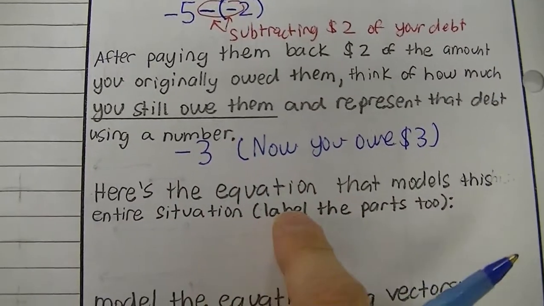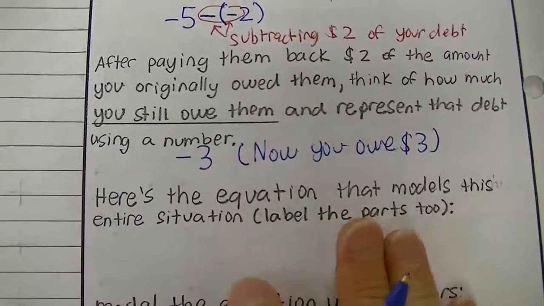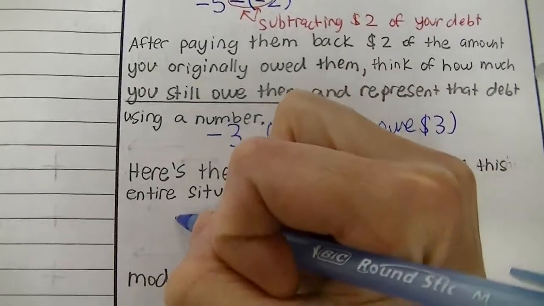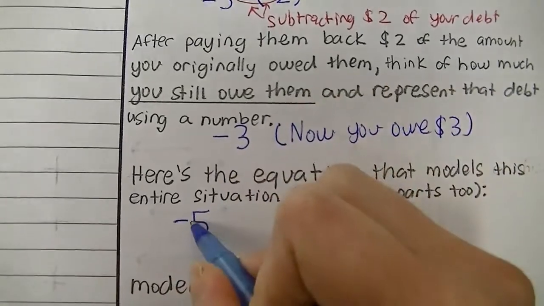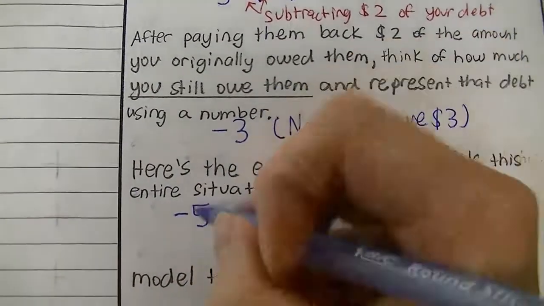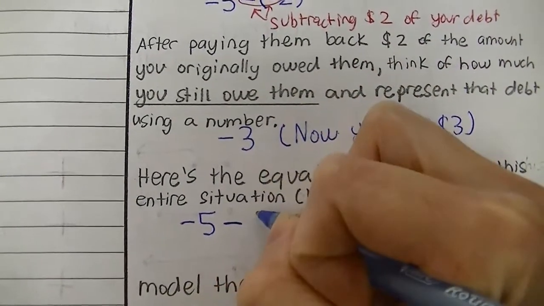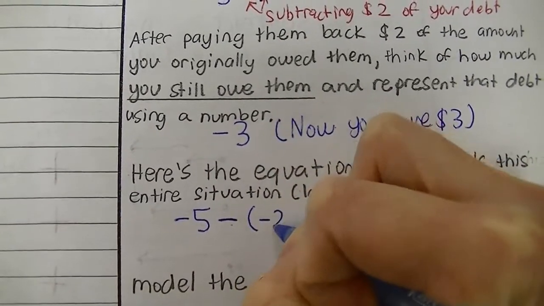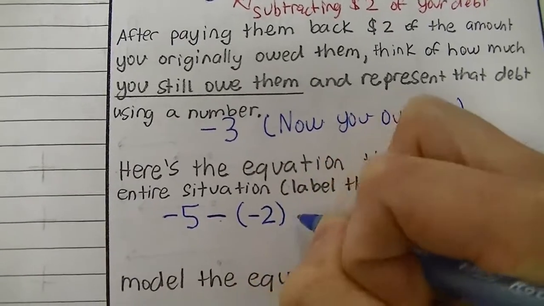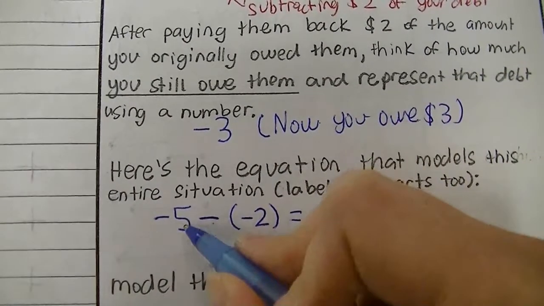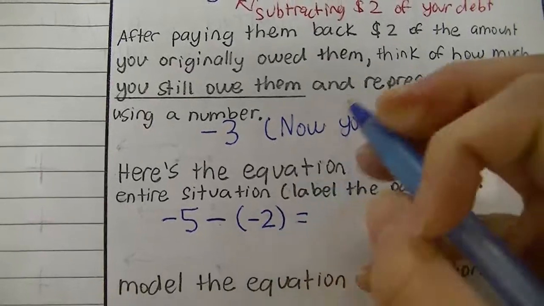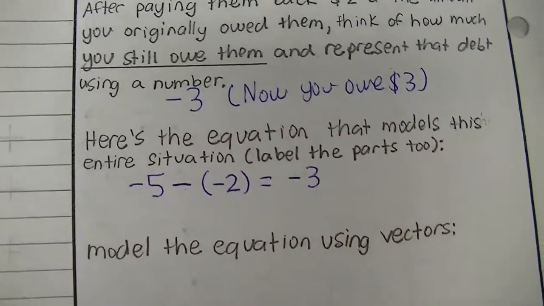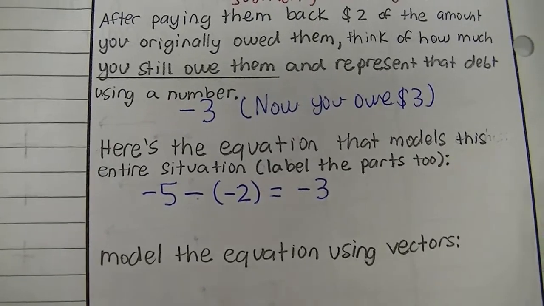So now here's an equation that models this entire situation. We're also going to label the parts also. Okay, so here we go. You had originally owed them $5, so that's why you have -5. And then you're going to subtract some of that debt because you're paying them back $2. So you get rid of some of that debt. Okay, and -5 minus a -2 would give you a value of -3 as your solution. So let's go ahead and label that to make sure you're understanding this.